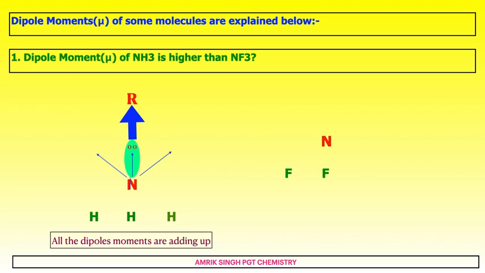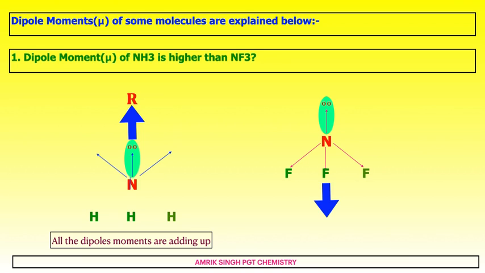Now in case of NF3, we can see the arrows. Fluorine is partial negative and nitrogen is partial positive here, because fluorine is more electronegative than nitrogen, and the direction of dipole moment is N to F, N to F, N to F. In the other case, for the lone pair, the direction is from nitrogen to lone pair.